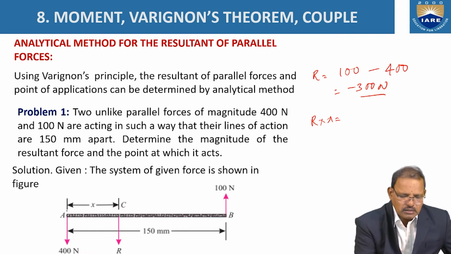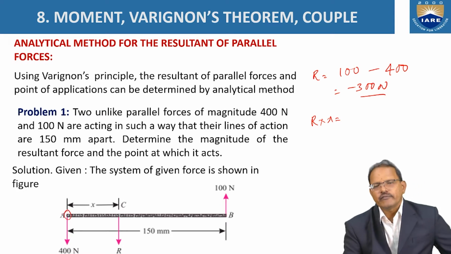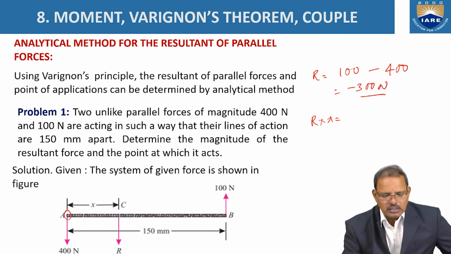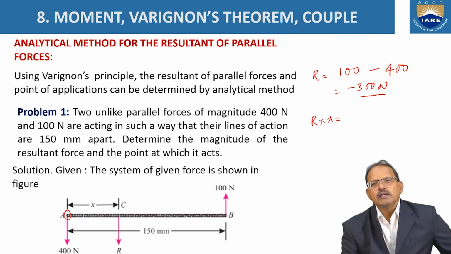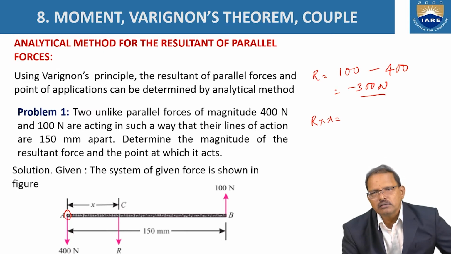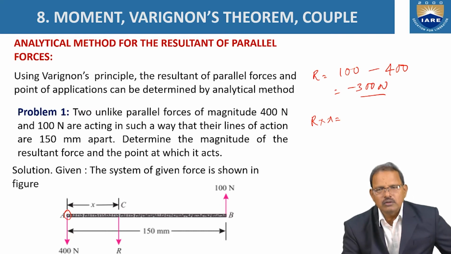So I am taking point A as our reference point. The moment created by the resultant force at A is equal to R into x. But it tends to rotate the body in which direction now? Clockwise. Hence it is treated as positive, which should be equal to the moment created by its components, that is 100 as well as 400 newtons.